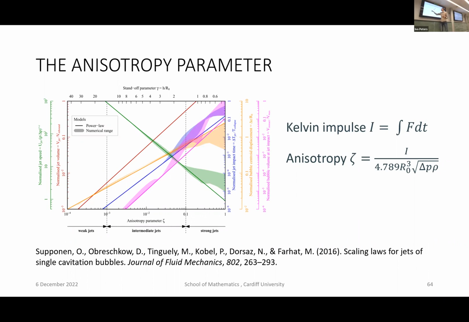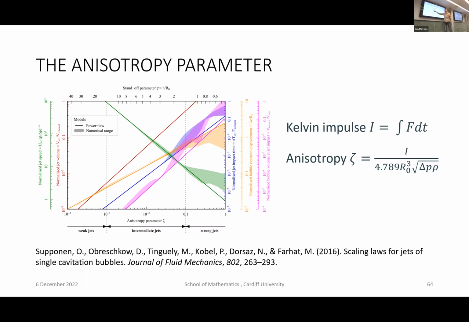All these different lines are like bubble collapse properties, if you will. One of them could, for example, be the rebound size. Another one is the jet velocity. Another one is the displacement of the bubble between two oscillations. And the idea is once you know the anisotropy parameter, you know all the other properties of this bubble.